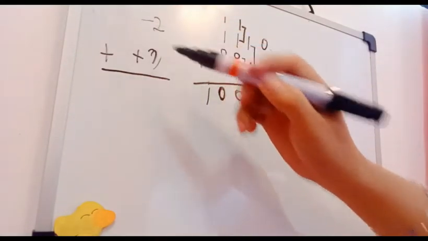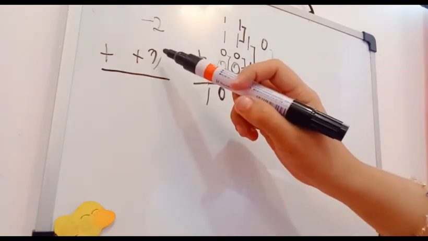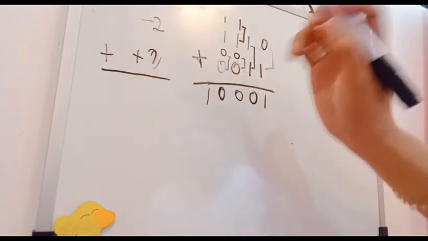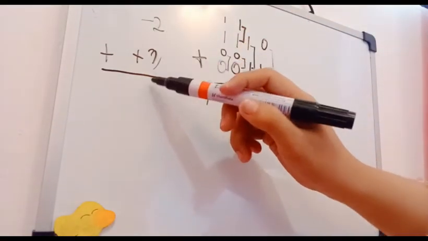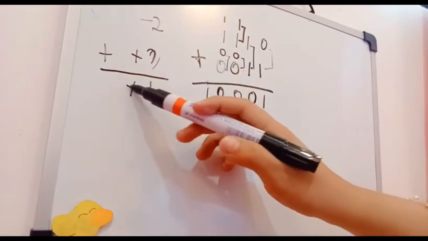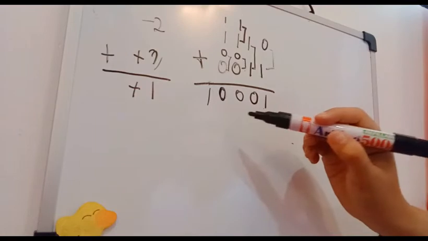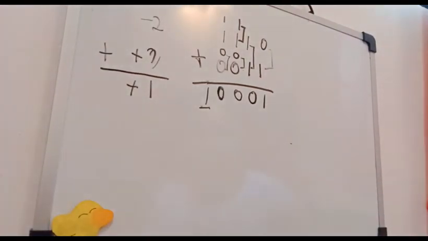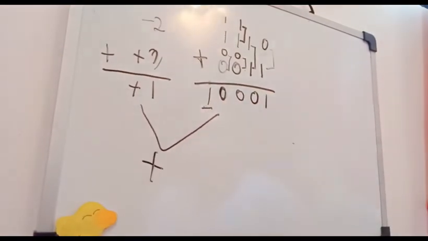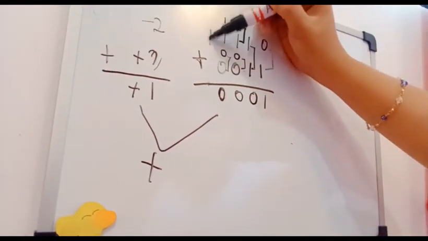Based sa rule, subtract the smaller magnitude from the largest magnitude. So, 2 minus 3 magiging 1. And then, copy the sign of the largest magnitude, which is 3, so positive. If we're going to compare this one, if we're going to talk about signed magnitude, this is negative, right? So, if we're going to compare these two answers, this is wrong. So, hindi na natin kailangan i-include yung extra carry. Diyan lang yan siya.